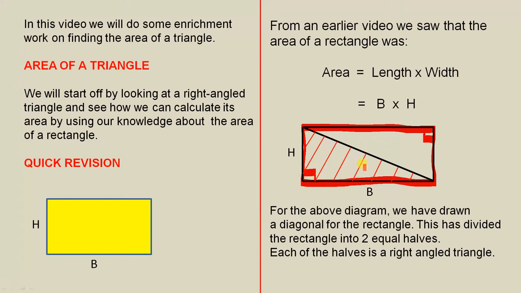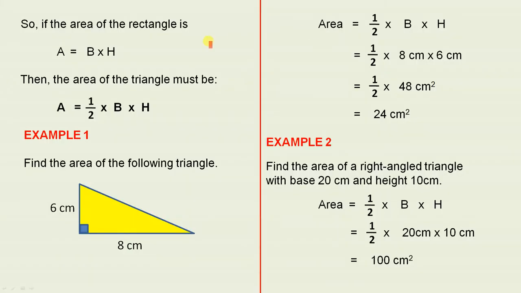Now we're going to use that fact to help us find the area of a right angle triangle. If the area of the rectangle is area equals B times H, then the area of the triangle must be area equals half times B times H, because we've already seen that the triangle is half the area of the rectangle.